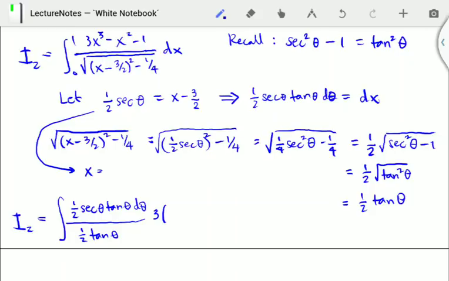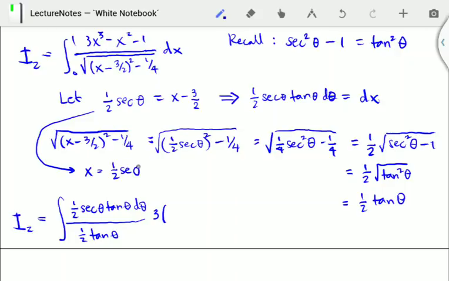In terms of your sec theta, your x, if you do the straightforward algebra, will now be equal to 1/2 sec theta plus 3/2. So this is just right here.